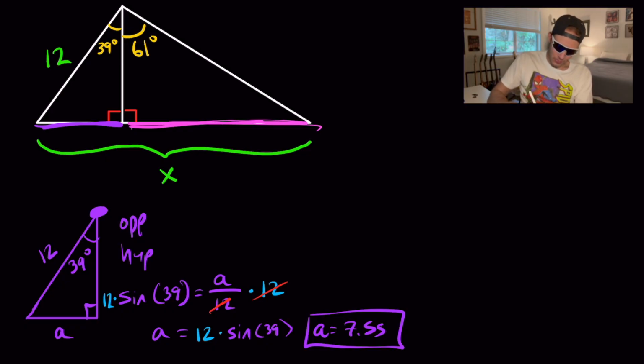And the way we're going to do it is we're going to go back to that original triangle that we first started with, because we're given a lot more information in that one. So I'm just going to reference that guy right there. If I wanted to solve for, let's call it B. Let's call that side B. And I want to use this angle again. Well, let's see.